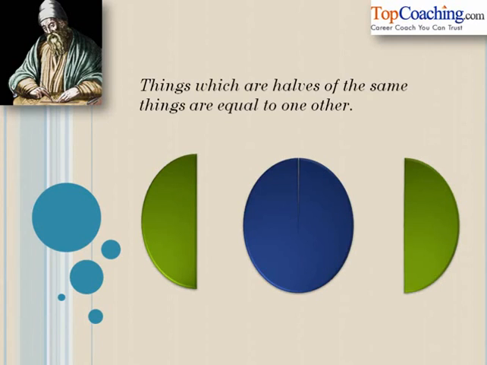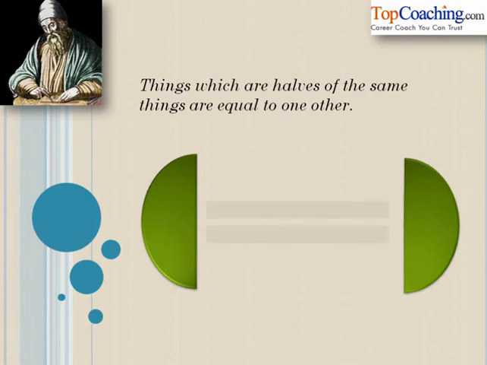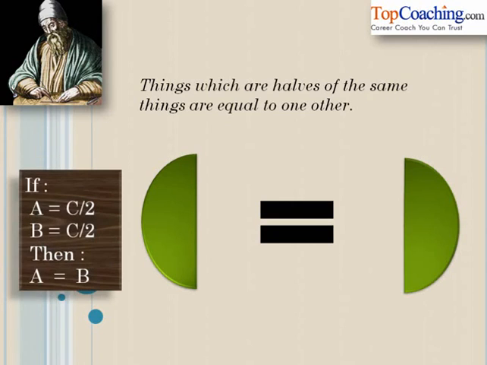So what we can say is, these two figures are equal to each other. Thus, things which are halves of the same thing are equal to one another. So we can state this as, if A is equal to C by 2 and B is also equal to C by 2, then A is equal to B.